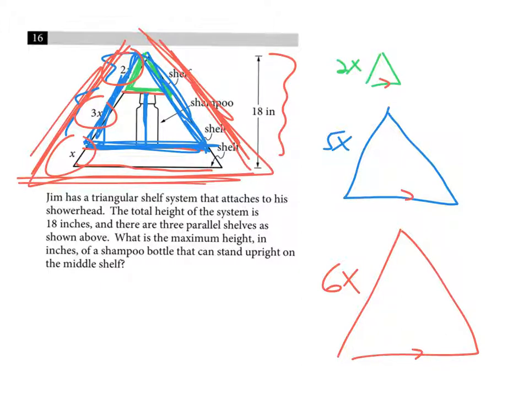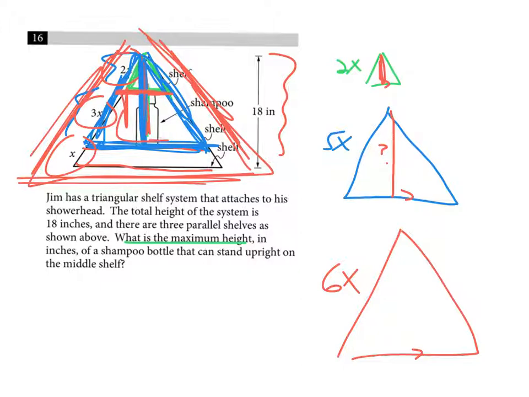Now the question is saying, what is the maximum height of this shampoo bottle if it stands in the middle shelf? The height of the shampoo bottle goes all the way up the blue triangle, and it attaches here. So here's the height of the blue triangle. That's not the height of the shampoo.